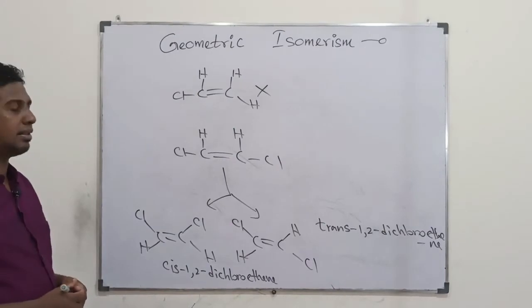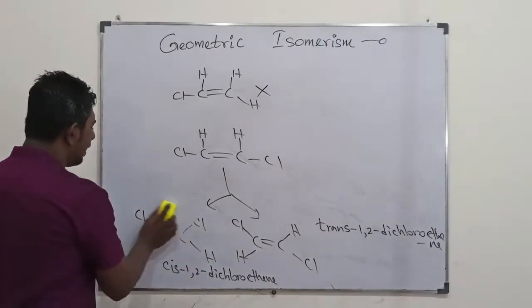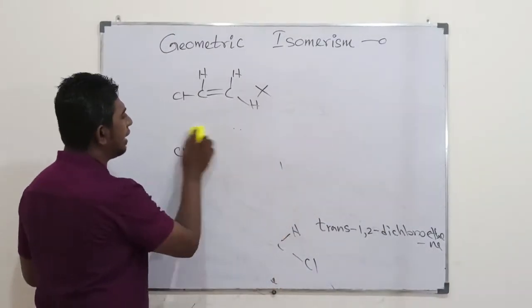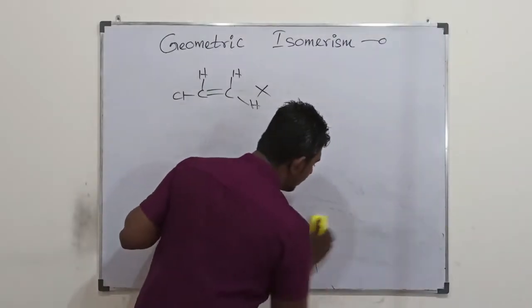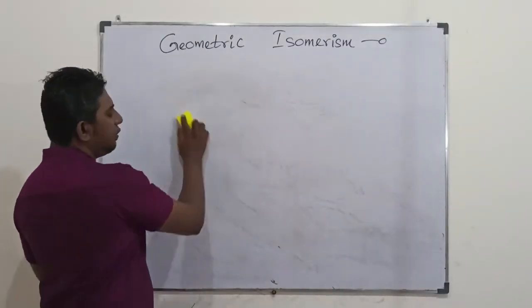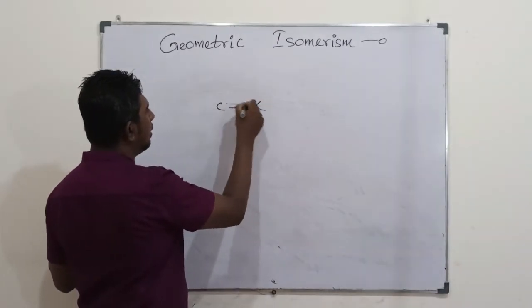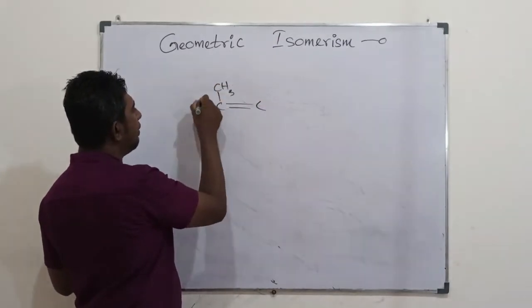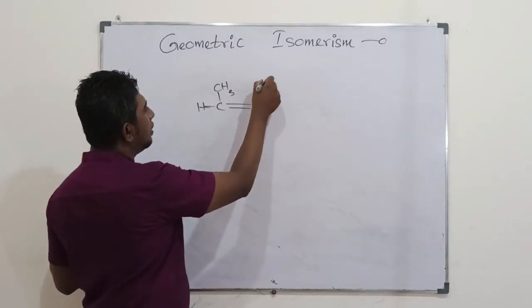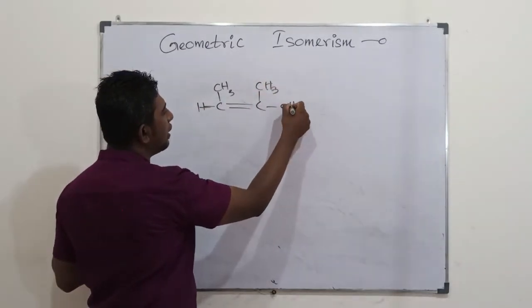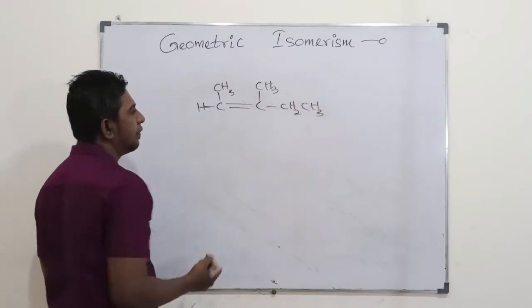So let's find out another different example. When you have something like this, you have CH3, you have a H here, you have CH3, you have CH2, CH3.